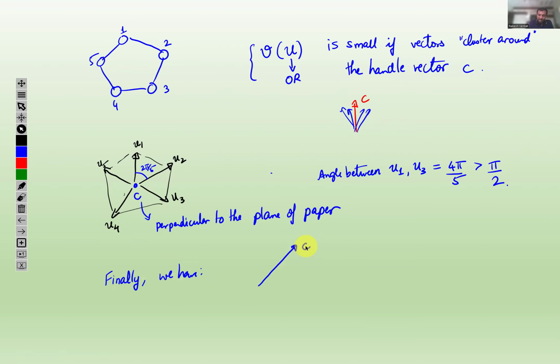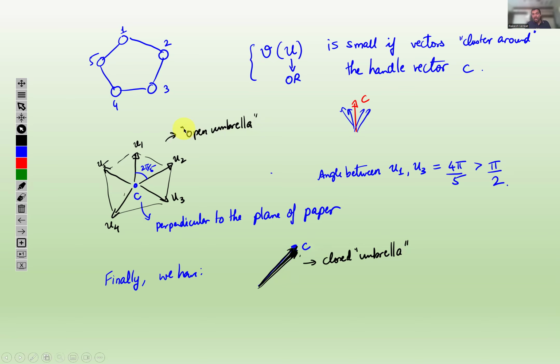I'm just drawing C now in the plane of the paper, but it's perpendicular. When the umbrella is closed, all the vectors U1, U2, U3, U4, U5 lie along C, and therefore the angle between them is 0. And this is the open umbrella.